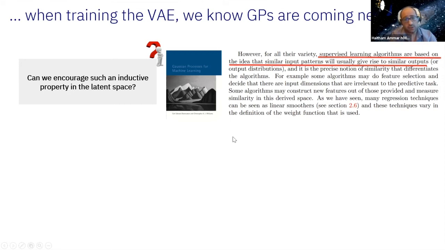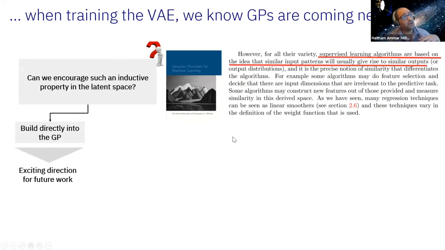And now, as I said, there are two directions to do that. You can either do it in the GP model, and there's a lot of nice work on that, and Mark van der Wilk has a very nice paper on that as well about learning invariances. But we decided to go the other direction, where we change the ELBO of the VAE such that I induce this property when I am constructing my latent space or when I'm trying to fit the VAE.